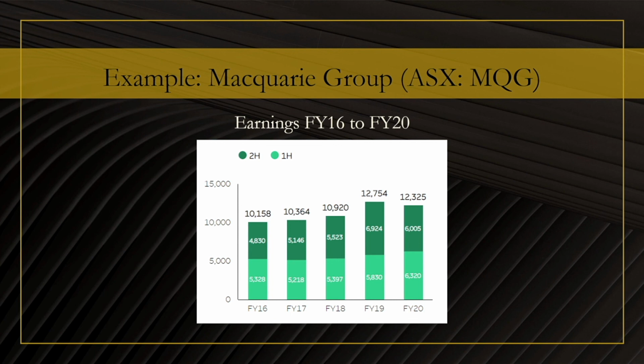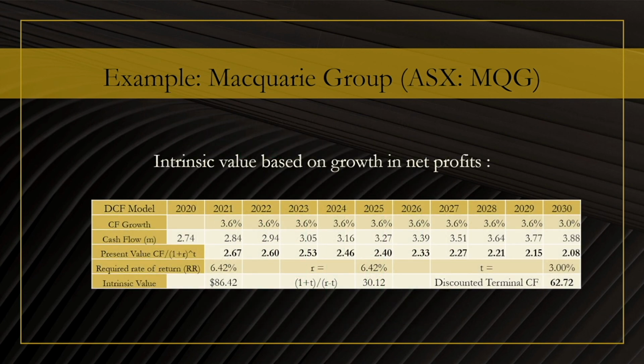For the last 4 years, that was roughly a growth of 3.6% per year. Now, putting all of that in the table, we see that we start from $2.74 per share in free cash flows, and that grows by 3.6% annually until we reach a perpetuity growth rate of 3% in 2030.